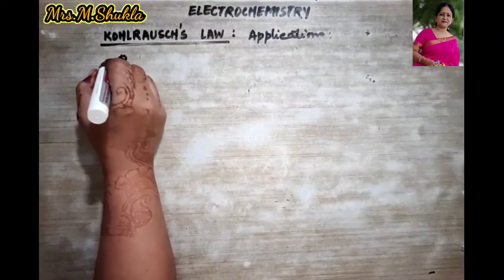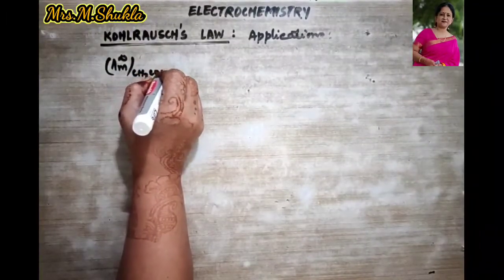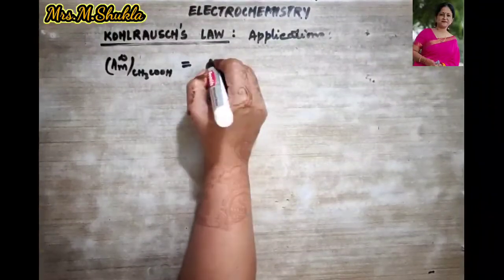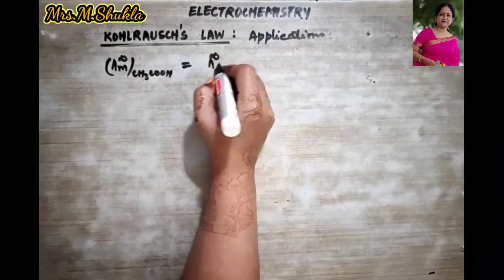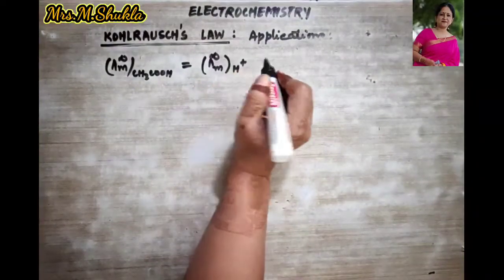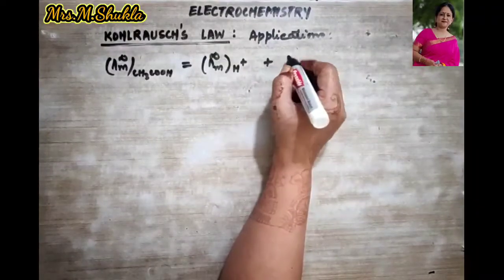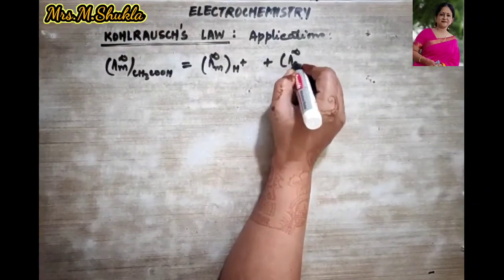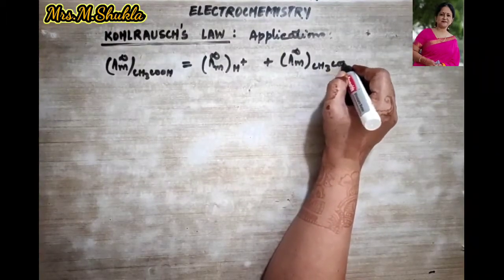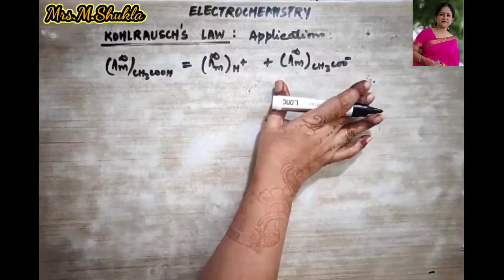The molar conductivity of acetic acid at infinite dilution is equal to the molar conductivity of H ion in infinite dilution plus the molar conductivity of the anion in infinite dilution.